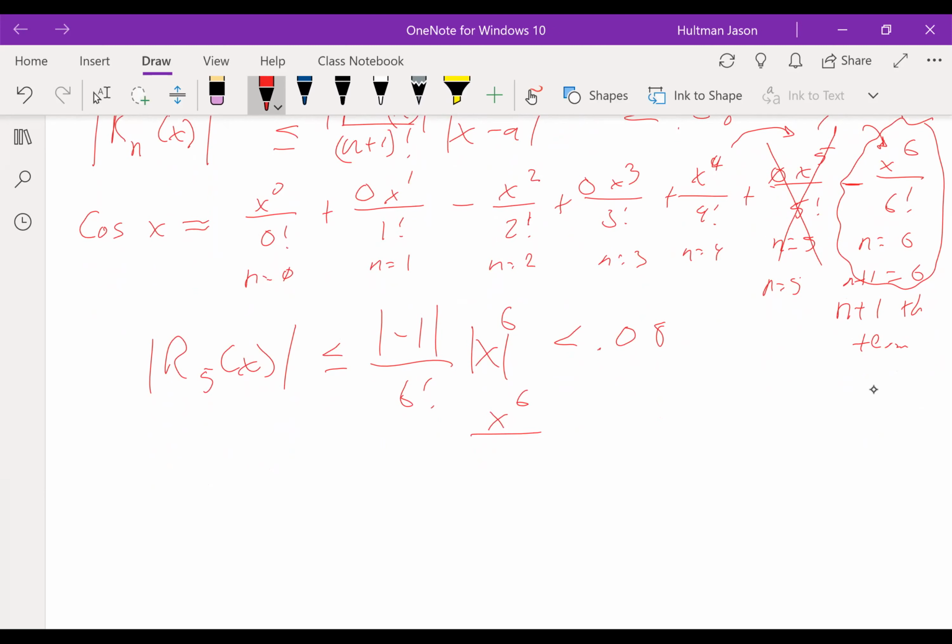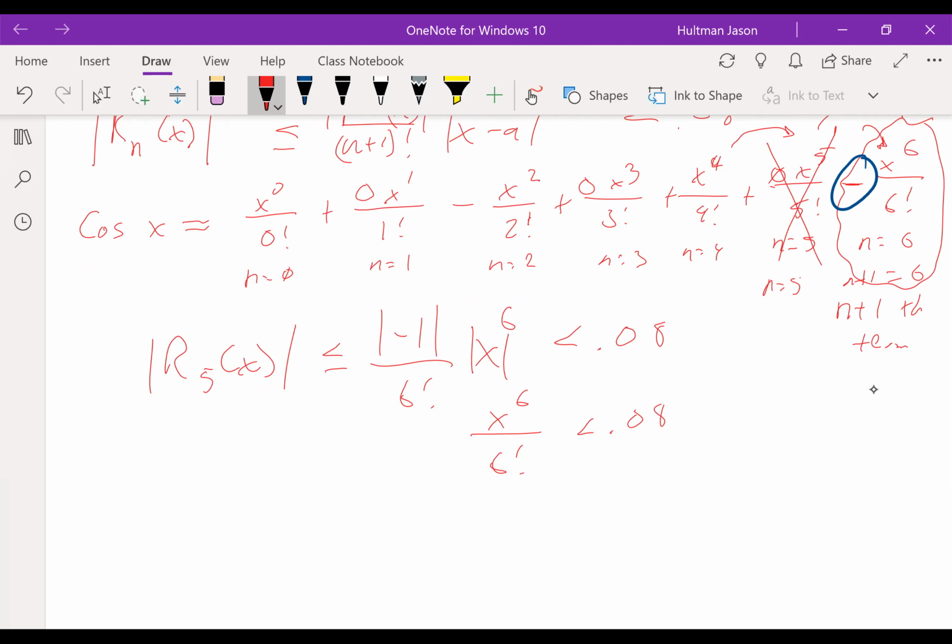The absolute value of -1 is just 1, okay? And where did I get the -1 from? It's right here. That's the negative sign in the 6th term of the series, okay? All over 6 factorial is less than or equal to 0.08.